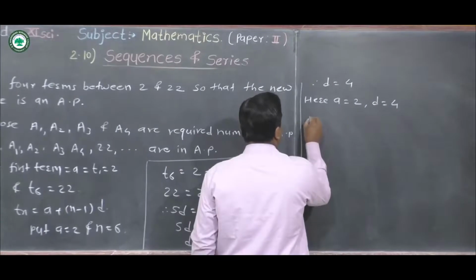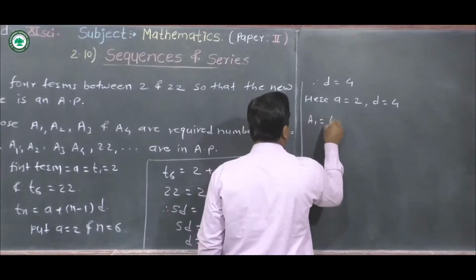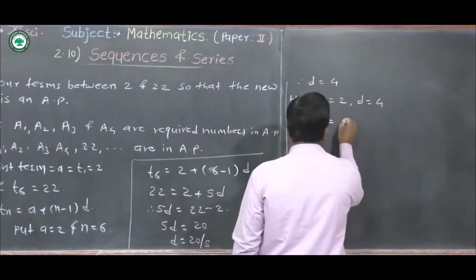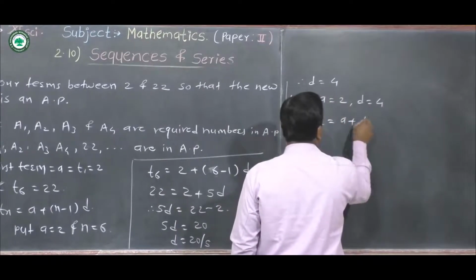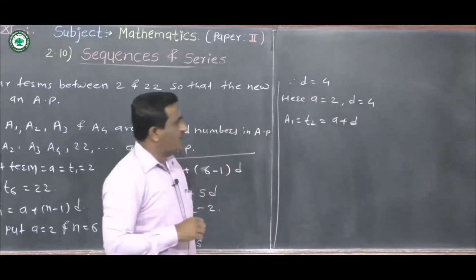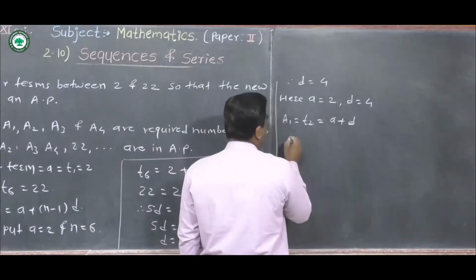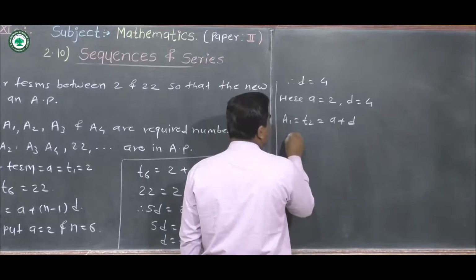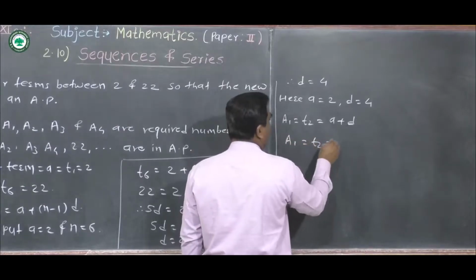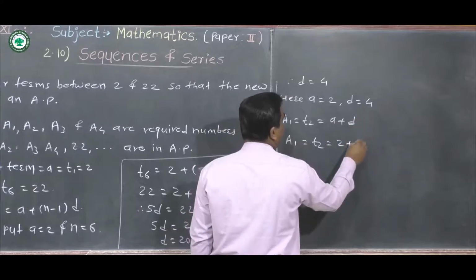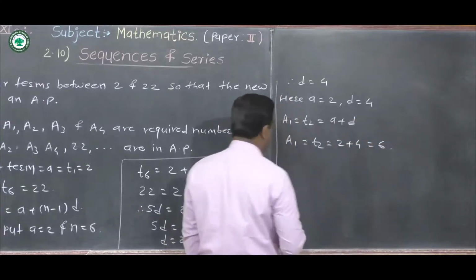Here a1 is equal to t2, and we know that the second term of an arithmetic progression is a plus d. Put the values of a and d here: a1 equal to t2 equal to 2 plus 4 equal to 6.